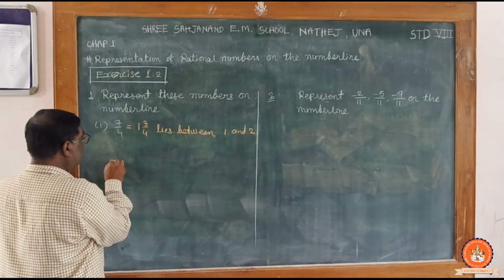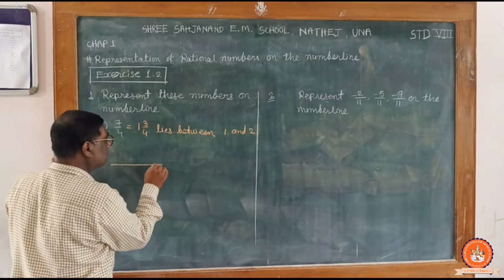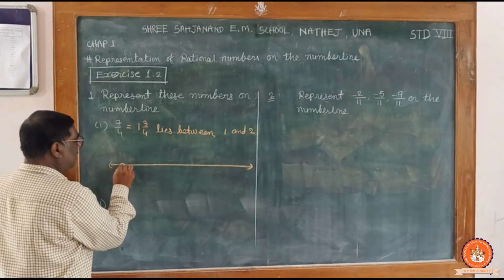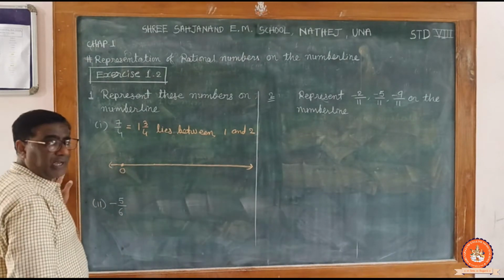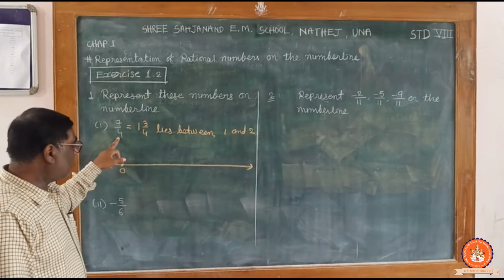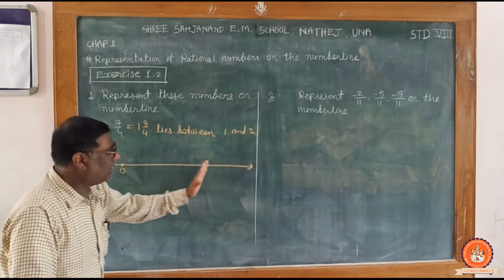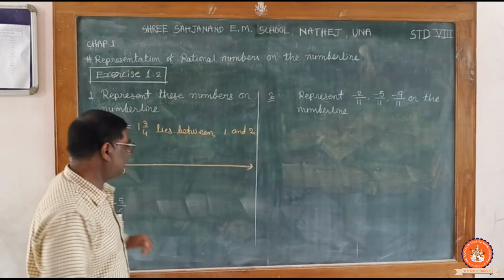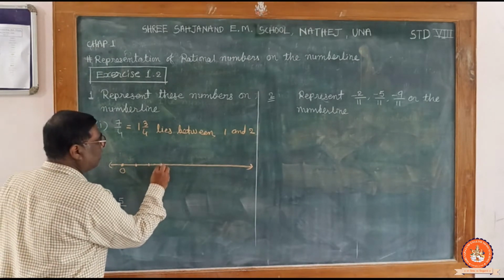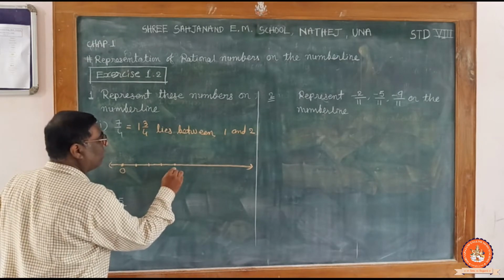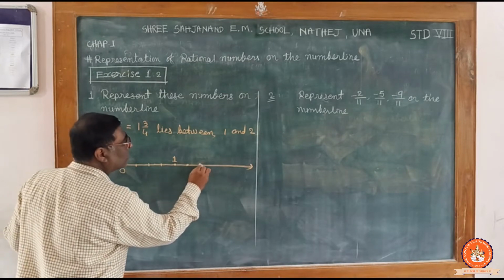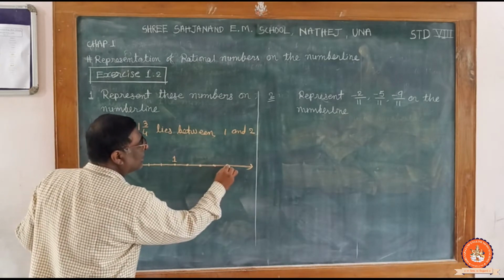So we'll start with labeling 0 to the left hand side. Okay. Now look at it. The denominator is 4. So each consecutive unit will be divided into 4 equal parts. Here is 1, 2, 3 and 4. It will be 1, rather positive 1. Okay. Then again 1, 2, 3 and 4.